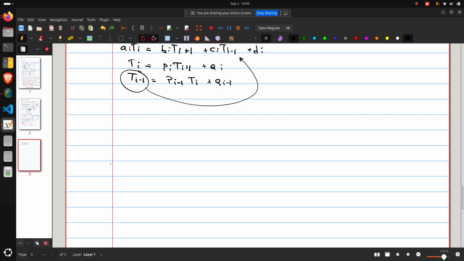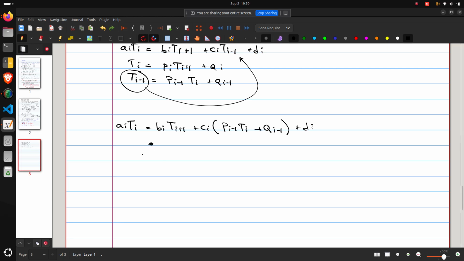So let's see what we get. We will get AiTi = BiTi+1 + Ci(Pi-1Ti + Qi-1) + Di. Okay, now let's do some manipulations.